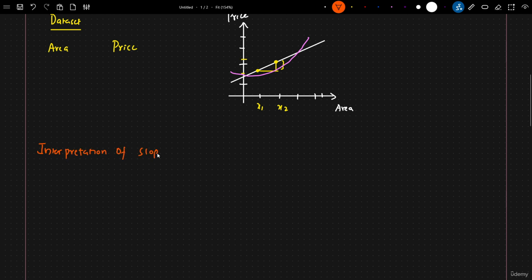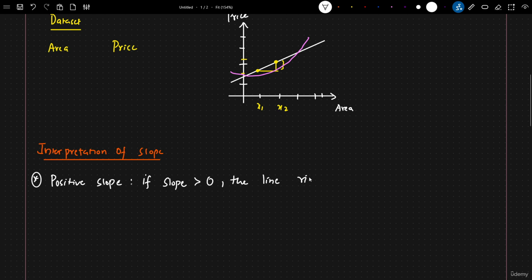Interpretation of slopes. What are the key important pieces of information that we get? The first is something called positive slope. If the slope that I calculate is greater than 0, that basically means the line rises as it moves from left to right.